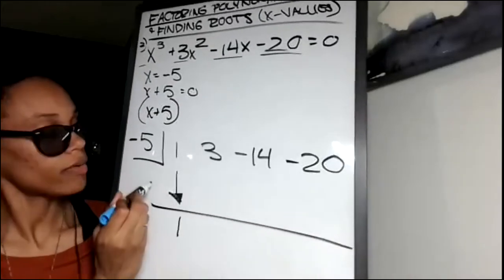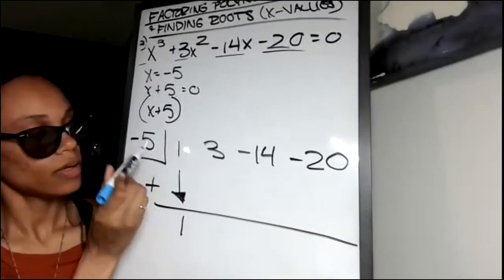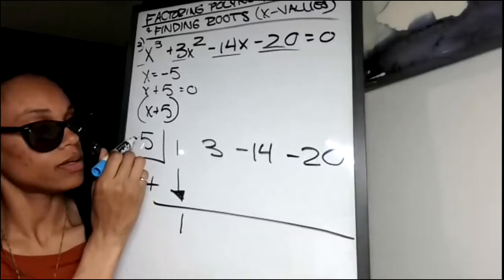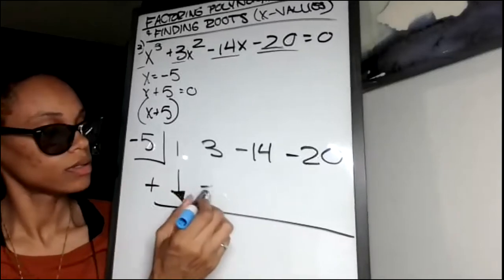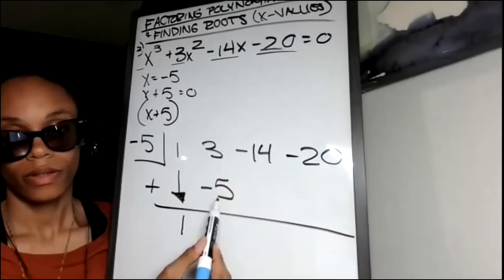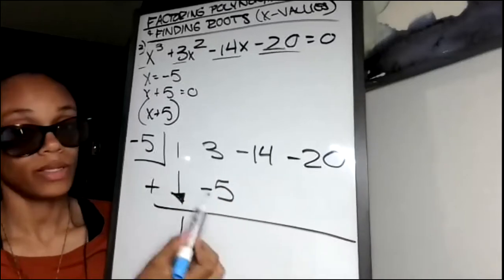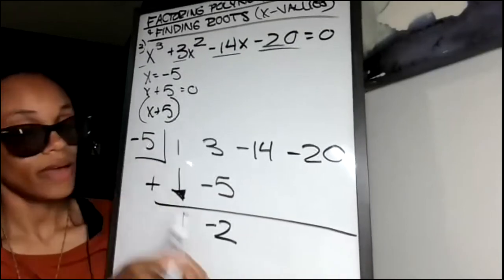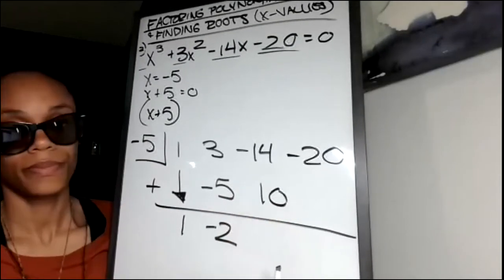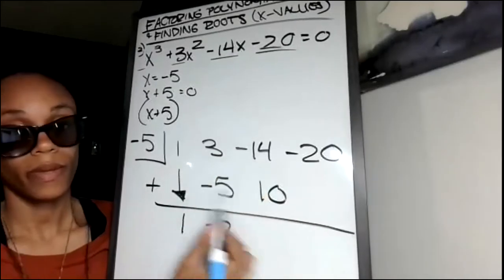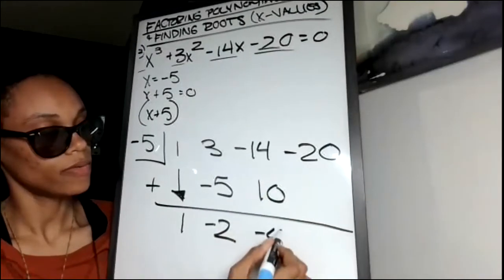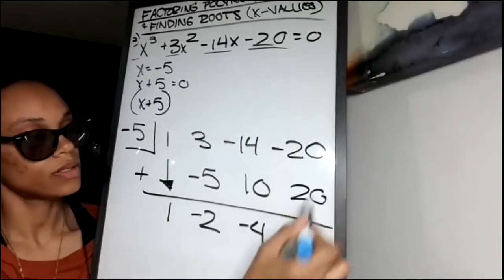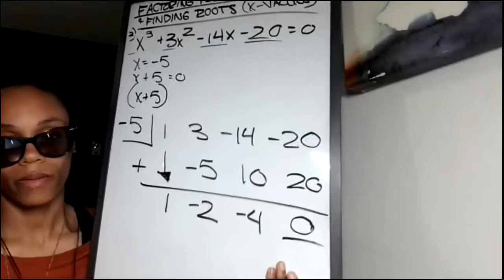We're adding this entire row, and we're multiplying what's in our box by what's below our line. So -5 times 1 is -5. Add it up: 3 plus -5, -2. -5 times -2, positive 10. -14 plus 10, -4. And then lastly, -5 times -4, positive 20. I have a 0 remainder.